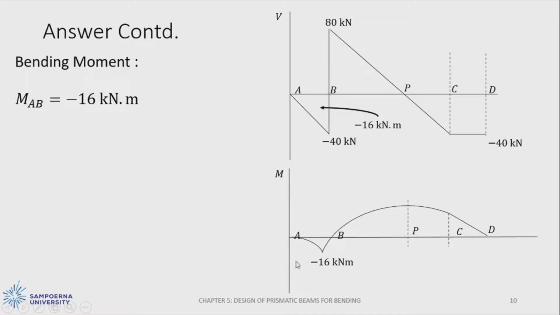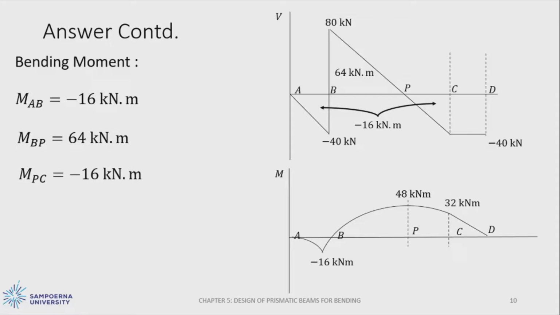This is point A to B. Then from B to P, it's 64 kilonewton meter. So for the peak of this curve, we will have 64 kilonewton meter minus 16, so we will obtain 48 kilonewton meter.